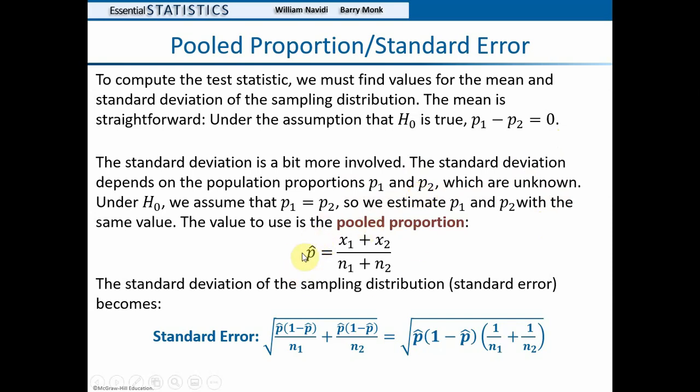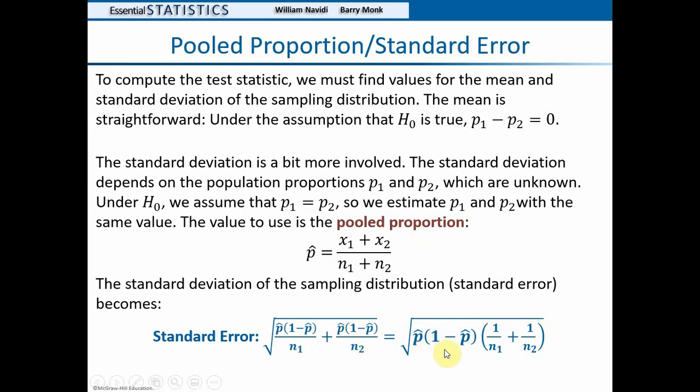We're going to calculate some P hat. Notice it's not a P1 hat or a P2 hat, but a pooled proportion. So this P hat kind of averages out everything somewhat. We do X1 plus X2 divided by N1 plus N2, and that's the pooled proportion. And it turns out that the standard error, remember sampling distribution, standard error, is P hat(1 minus P hat)/N1 plus P hat(1 minus P hat)/N2.